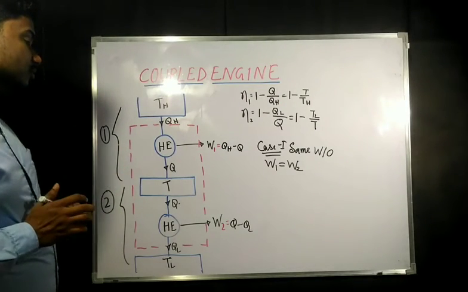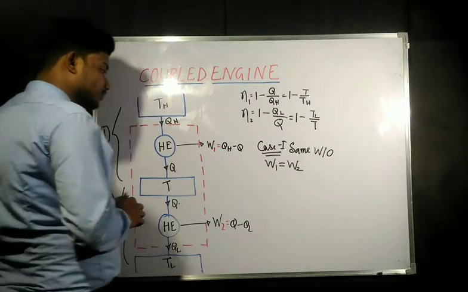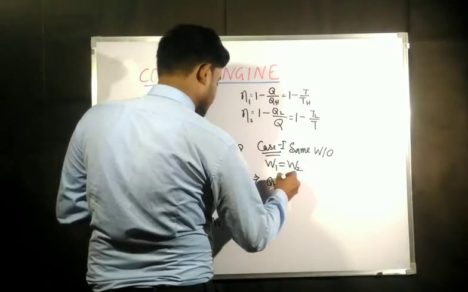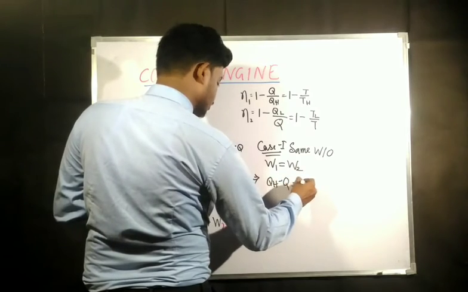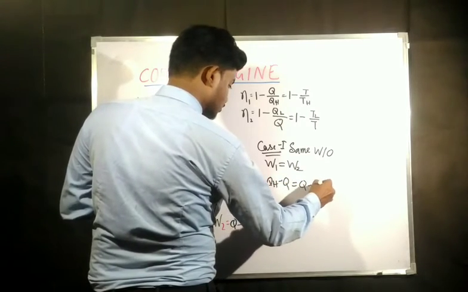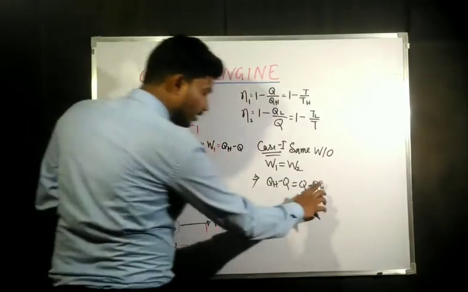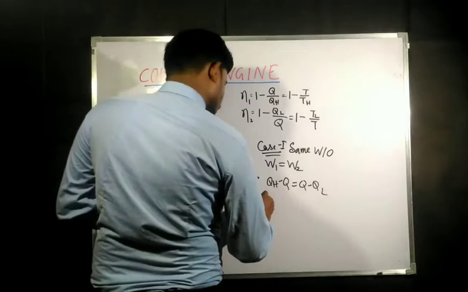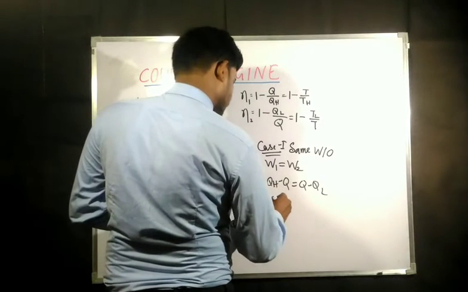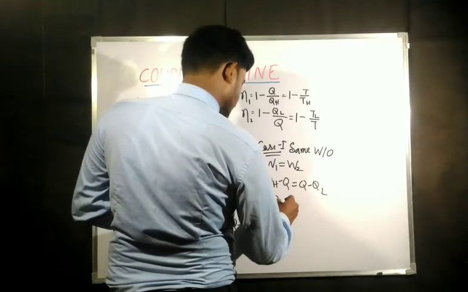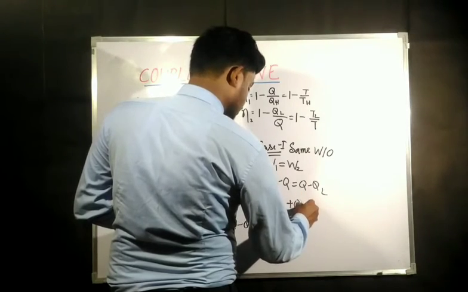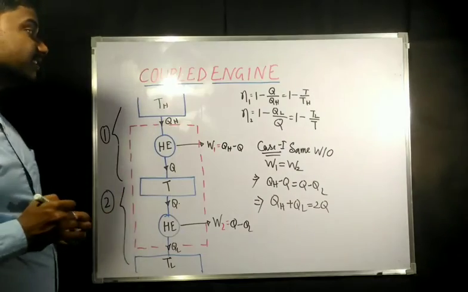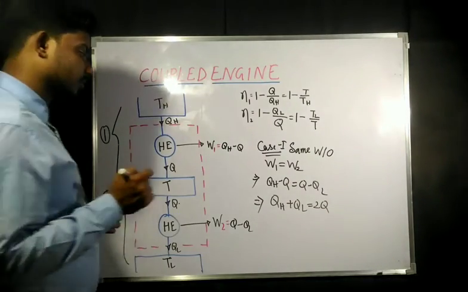Okay, from here W1 is going to be equal to W2. So W1 is going to be QH minus Q, and W2 is going to be Q minus QL. So from here we can write QH plus QL is going to be 2Q.